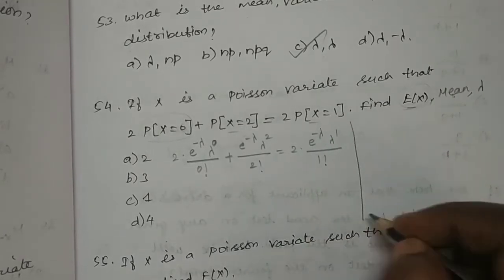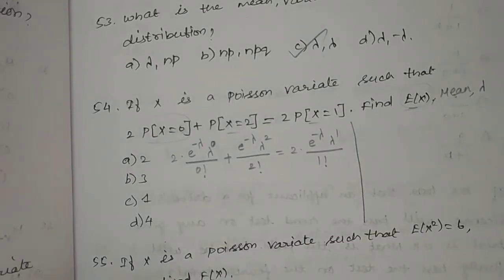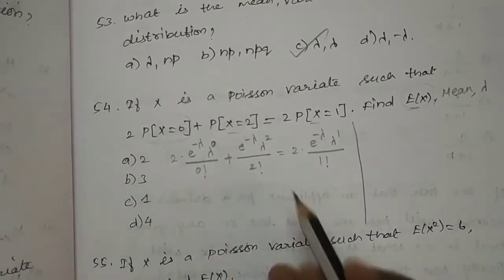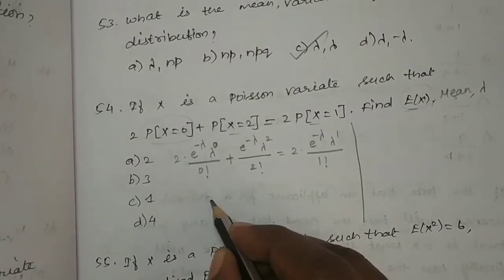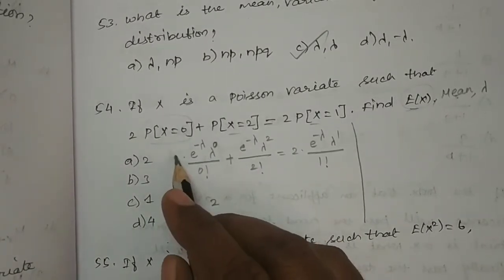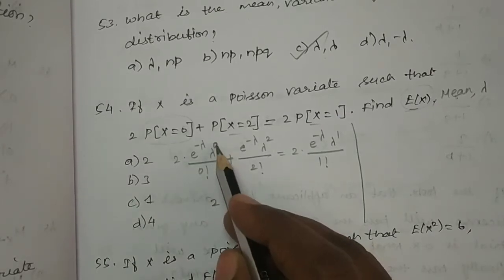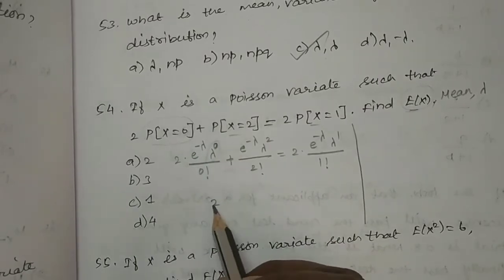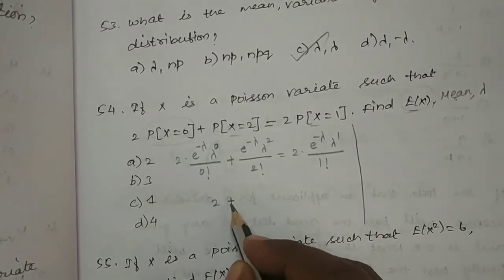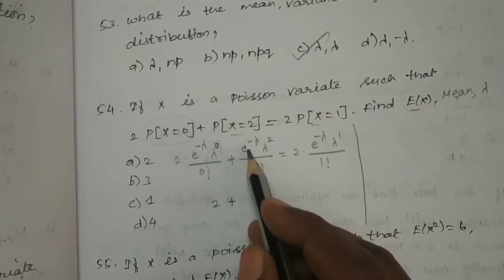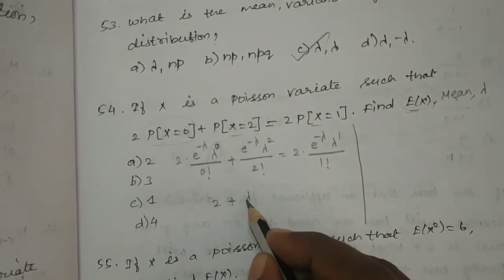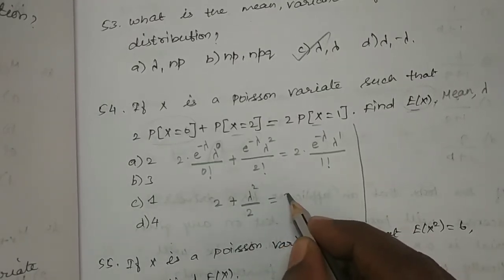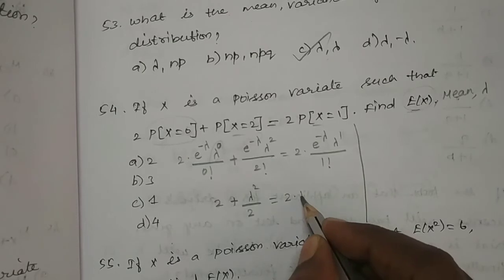Now let us simplify this and find the value of lambda. E power minus lambda is common on both sides, so we can cancel that term. For the first term it is simply 2, since lambda power 0 is 1, anything power 0 is 1. Then lambda square by 2 factorial is nothing but lambda square by 2, equal to 2 into lambda.